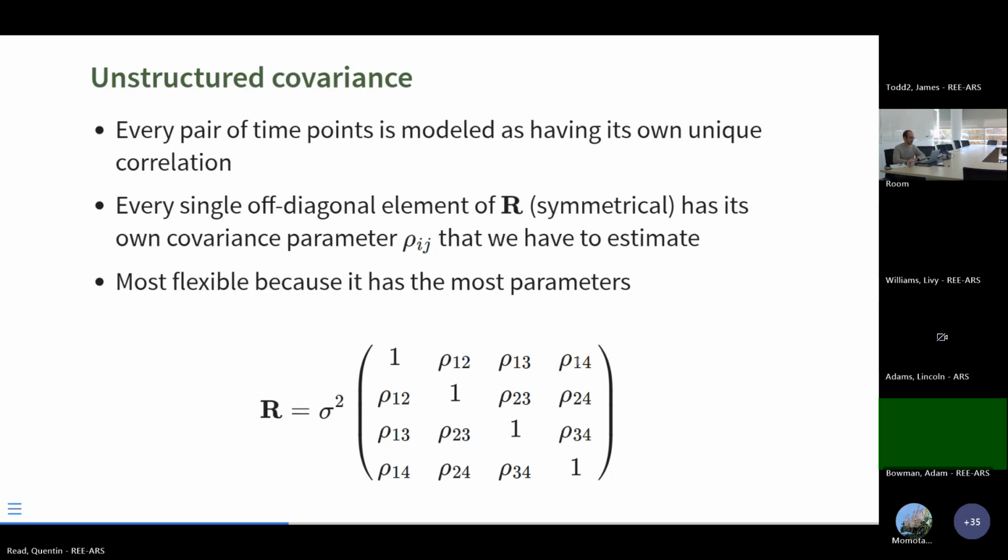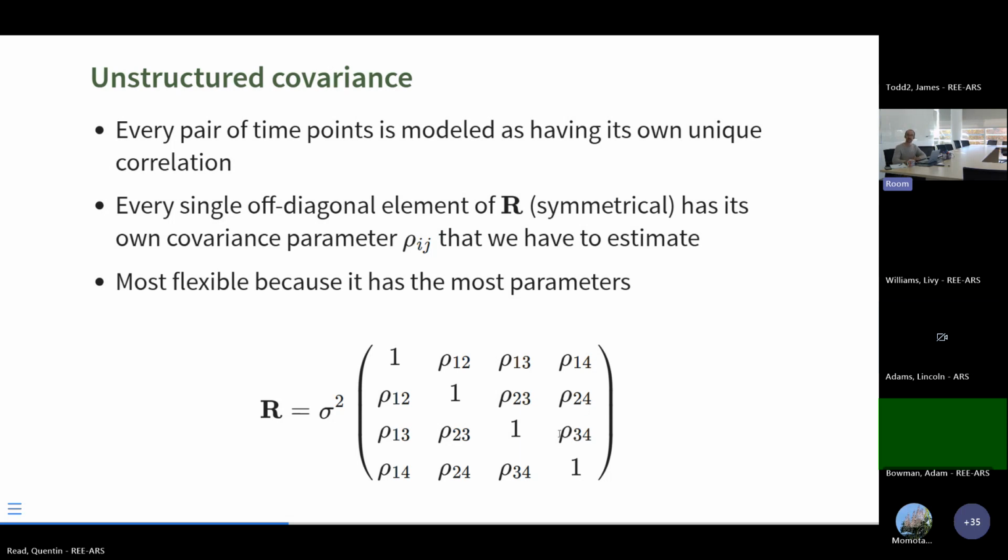So in the case of having 4 time points, we would have to estimate 6 parameters of covariance. The correlation between time point 1 and time point 2, between 1 and 3, 1 and 4, 2 and 3, 2 and 4, and 3 and 4. We'd have to do 6, right? If n equals 4 time points. But obviously, with more time points, you're going to go up to a crazy number of parameters.